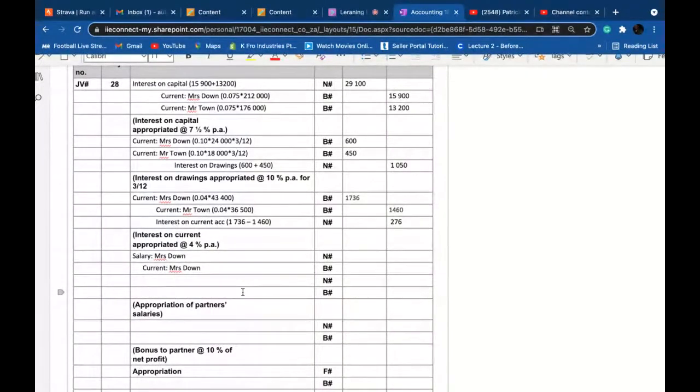And we're going to credit Mr. Town's account as well, and then here. Okay, and there we go. So how much was the salary for Mrs. Down? That was 10,000.